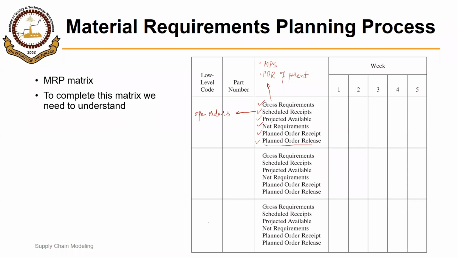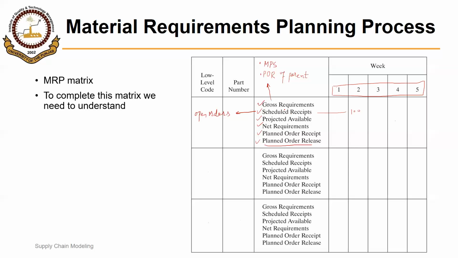So for scheduled receipts or open orders, it is something that was ordered for production or purchasing before the start of this planning horizon, but has not been received yet, and will be received somewhere over here. For example, we ordered something for 100 units, and that will be received in period 2, so that is scheduled receipts.